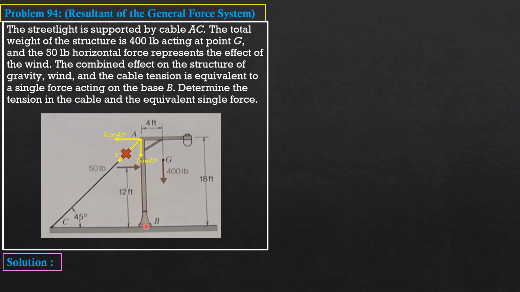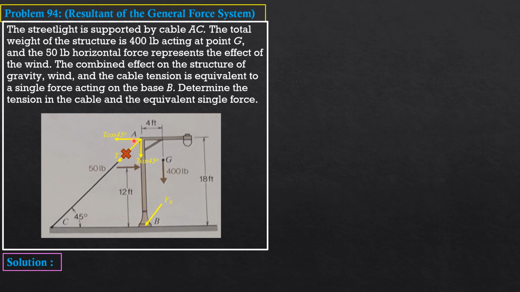So summation of moments about B. Let's show the reaction at B. This is the single force, take note. So the moment of the resultant, which is FB, about B is 0. That's also the sum of the moments of its components, which consists of these forces here.